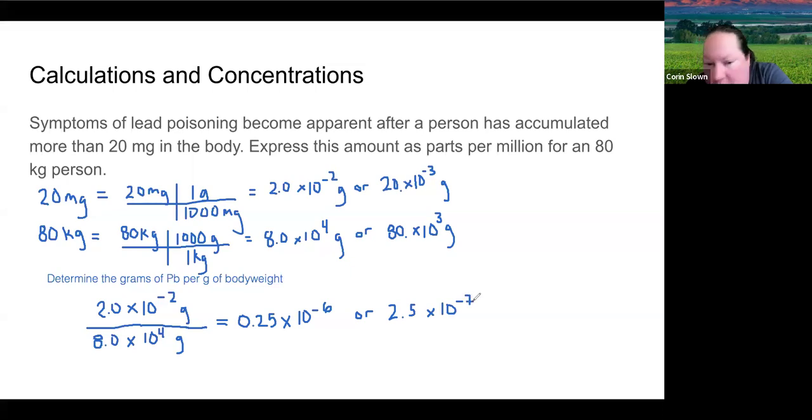Okay, so what does that mean? Well, this is grams per gram. So if I'm thinking about this, right, a million is 1.0 times 10 to the 6th. So this is equivalent to 0.25 parts per million. So in this case, right, the solute is the lead.